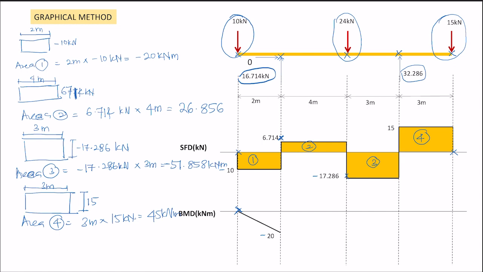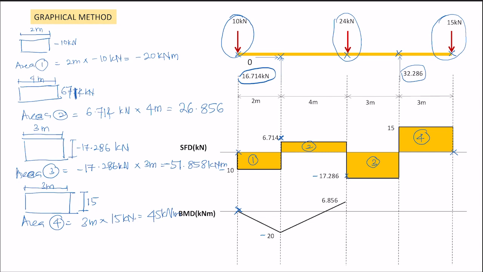Okay, so kita sambung on area number 2. It is positive 26.856. So negative 20 plus 26.856 becomes 6.856. The area number 3 is negative 51.858.